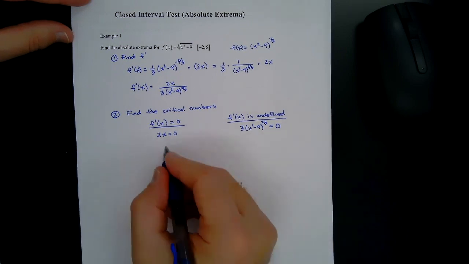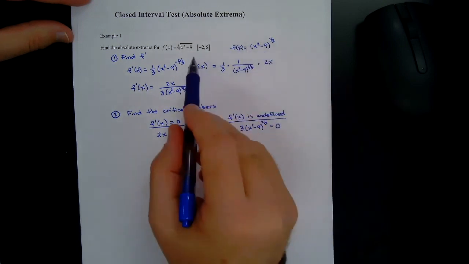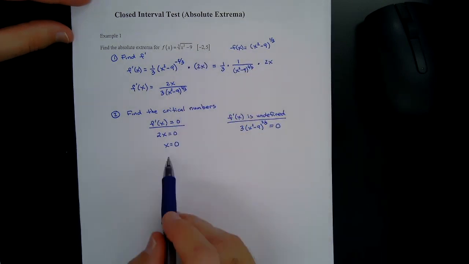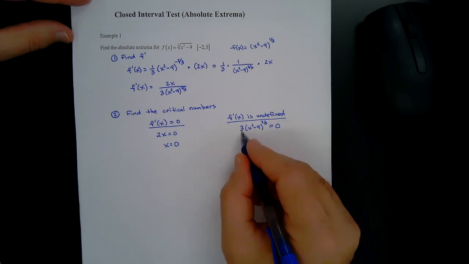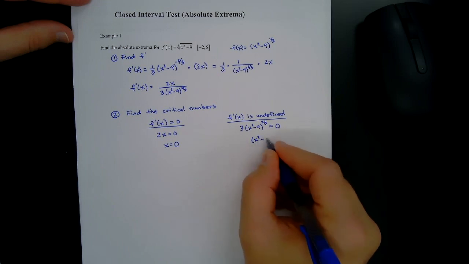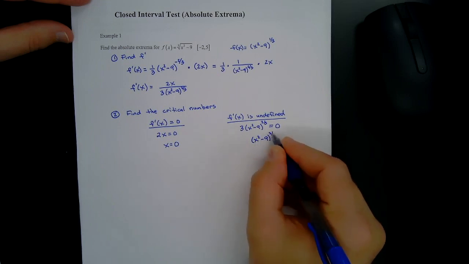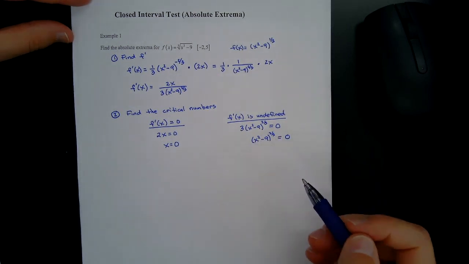Okay, so this is going to happen when x is equal to 0. And 0 is in between -2 and 5, so that's a critical number. And then when I go to solve this, I'm going to divide both sides by this number 3 because I'm multiplying by it. So that would give me x squared minus 9 raised to the 2/3 power equals 0, because when you divide 0 by 3, you get 0.